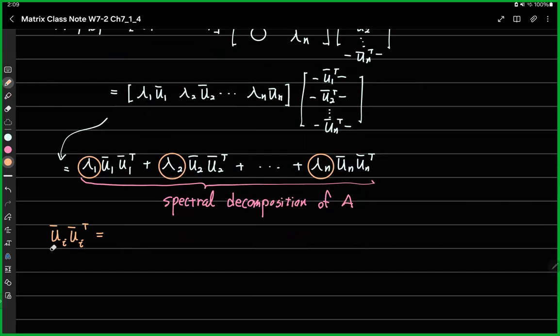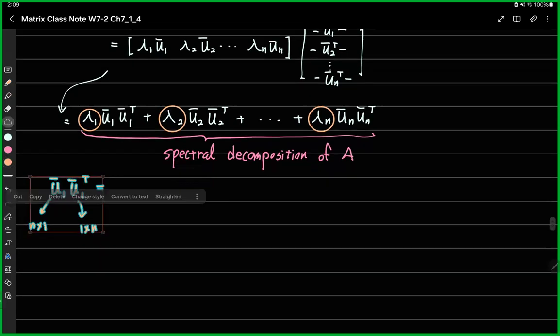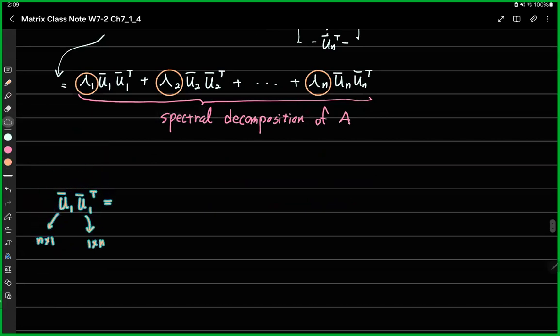Let's set i equals 1. U1 is an n by 1 matrix. Then U1 transpose is going to be a 1 by n matrix. So eventually we're going to get an n by n matrix, right? Let's just figure it out.